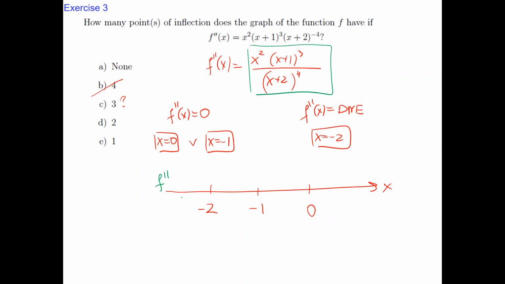When I place negative 3, this x squared is always positive because it's squared. The quantity x plus 2 to the power of 4 is also always positive. They don't really affect the sign. But (x plus 1) cubed affects the sign.